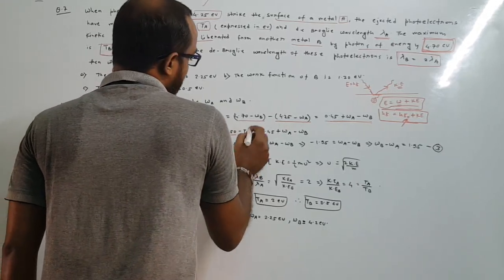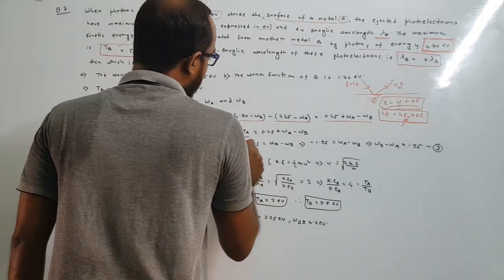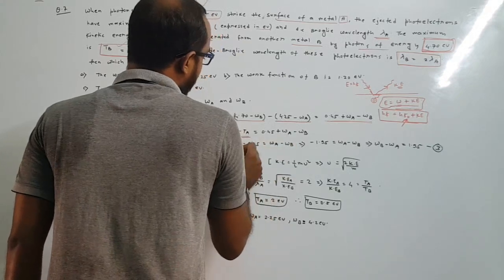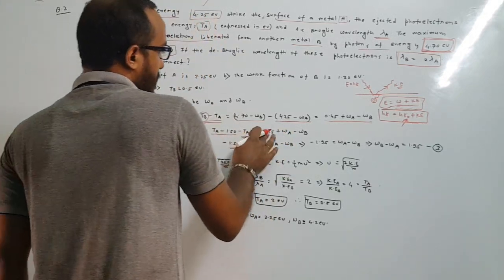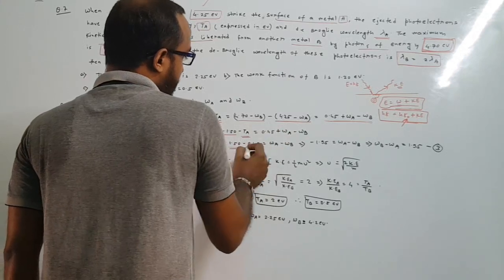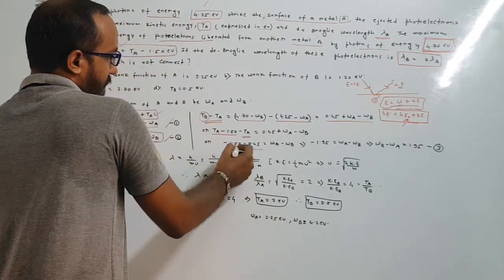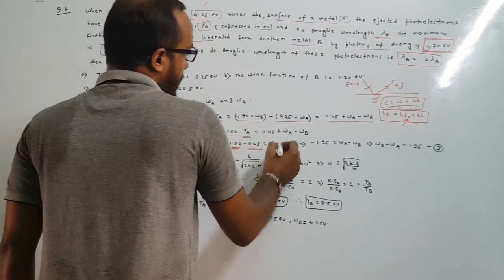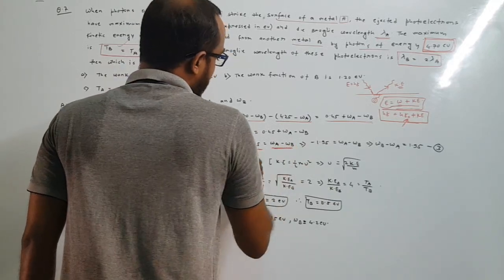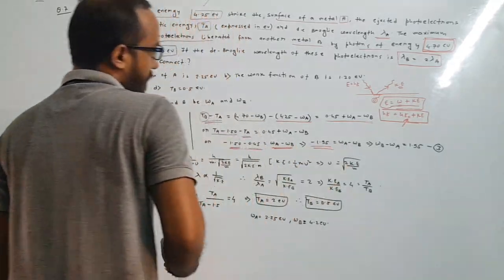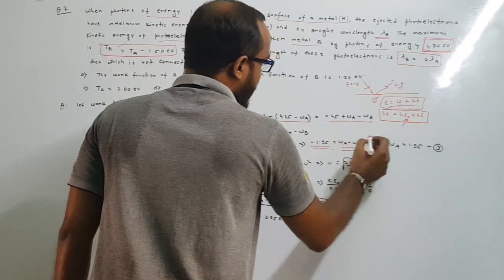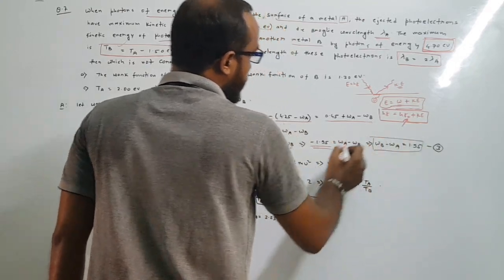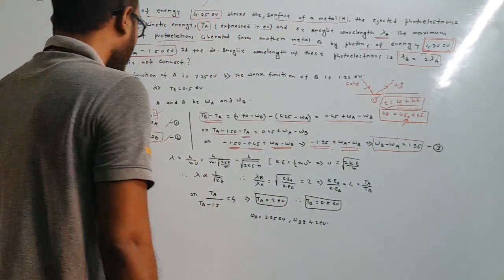Now take 0.45 to the left hand side, so minus 1.50 minus 0.45 is WA minus WB. After calculation you will get minus 1.95 as WA minus WB. So take minus common, and you will get WB minus WA as 1.95.